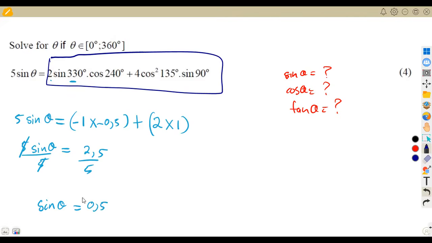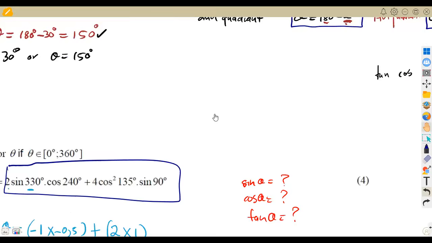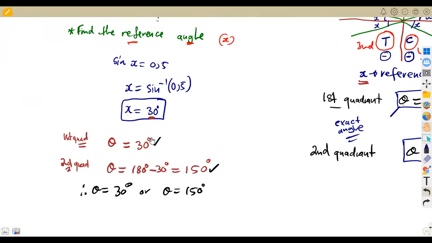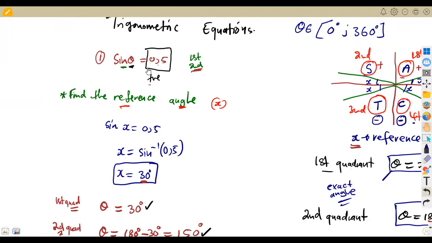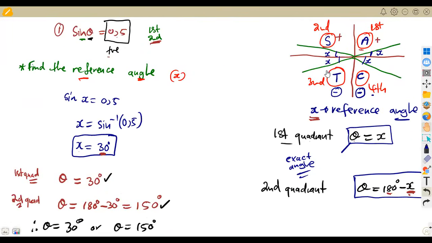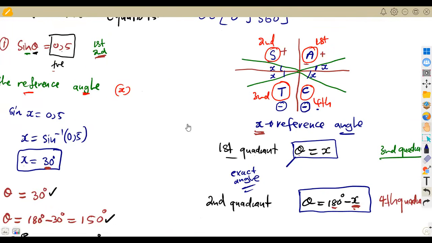So if you check, we are now back to the same type of question that we answered here, if you still remember, where we worked the sine of theta being equal to 0,5. So you are back again, you find the reference angle. After finding the reference angle, you use the quadrants to check where sine is positive, first and second quadrant.